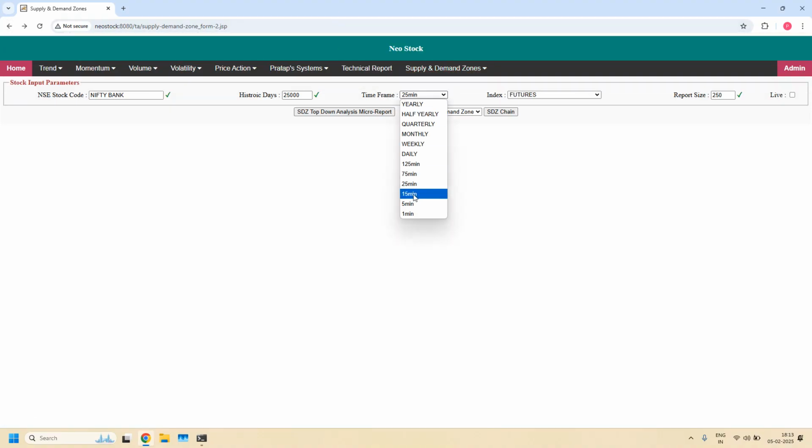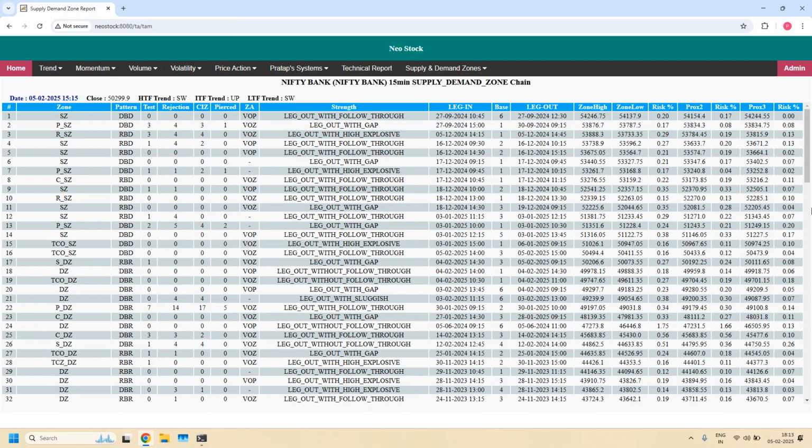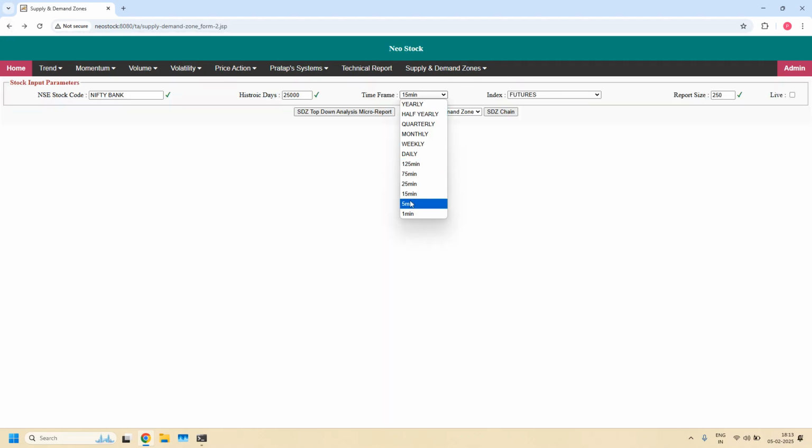Next, 15 minutes supply demand zone chain for Bank Nifty. Serial number 17 is the nearest. Anyway, it is in the center only. Next, 5 minutes supply demand zone chain for Bank Nifty.